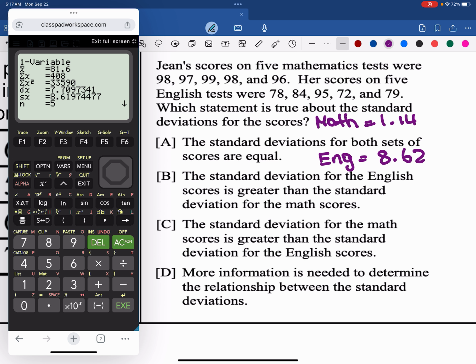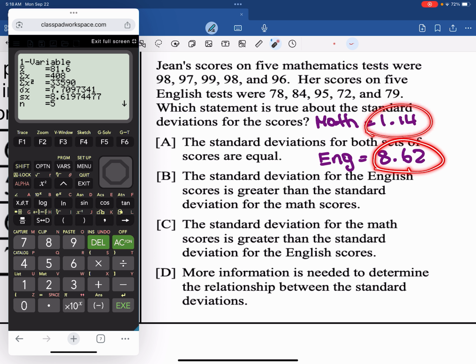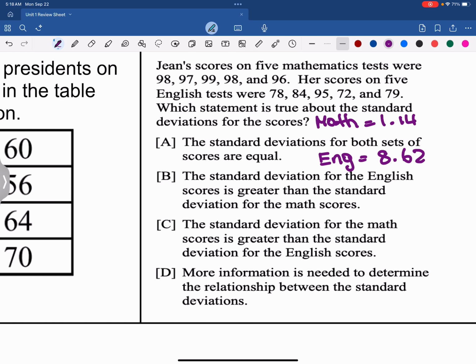And then let's see what our answer choices are saying. So we have the standard deviation for both sets of scores are equal. Obviously, they're not equal, so A is not an answer. The standard deviation for the English scores is greater than the standard deviation for the math scores. Yes, that's true. Here, our standard deviation for English is 8.62 and math is 1.14. So we can already say that our answer choice is looking like B. Right?